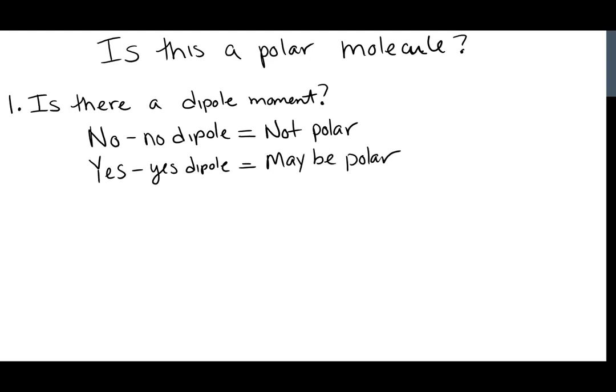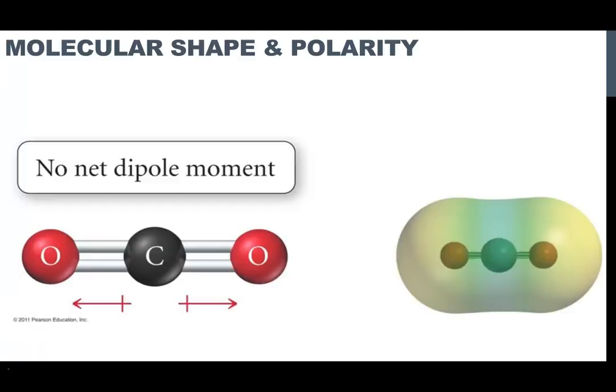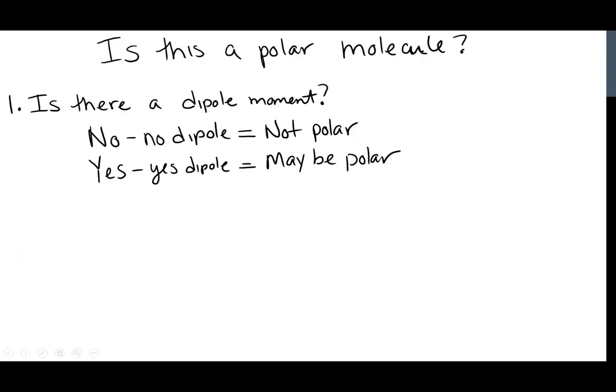That doesn't automatically give us a yes, a dipole, yes, it's polar. We saw that with carbon dioxide, right? There was a dipole moment, but there wasn't a polar molecule, okay? So what that does is it kind of leaves us in the running. It gives us the option to continue looking at this molecule. So we get a no, shut it down. We get a yes, we keep moving forward.